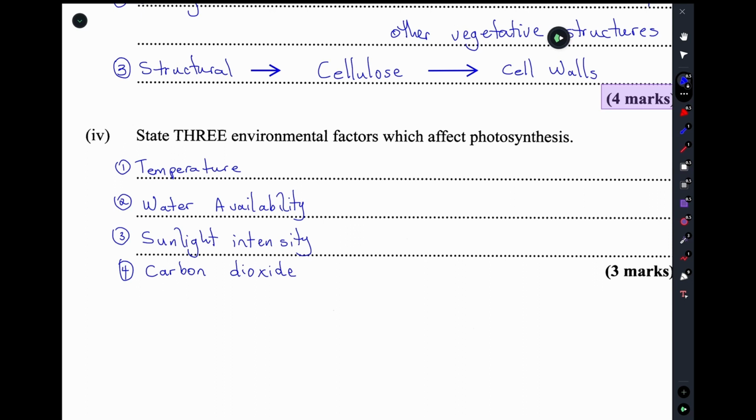As temperature increases, the rate of photosynthesis will increase up to a maximum of 40 degrees. This is because the reactions of photosynthesis, like all reactions in living organisms, are controlled by enzymes. And if we exceed the temperature of 40 degrees Celsius within the plant, enzymes do not function optimally.